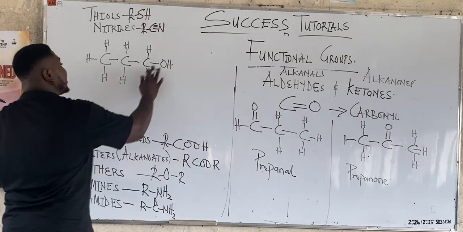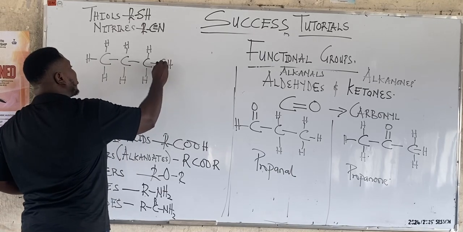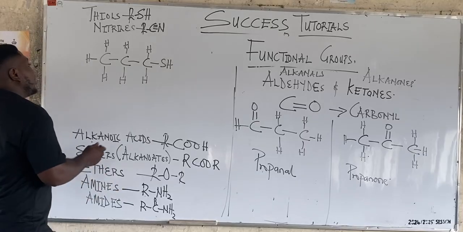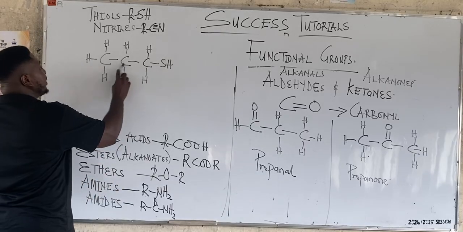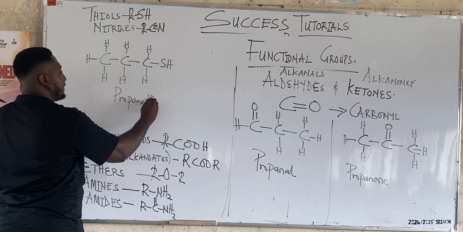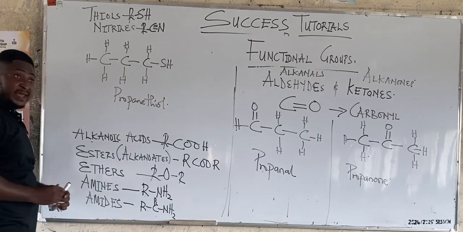But if this O is now replaced with S, it's no longer an alcohol, it's a thiol. The names of thiols end with the same word, thiol. So this is 1, 2, 3 carbons: propane thiol.